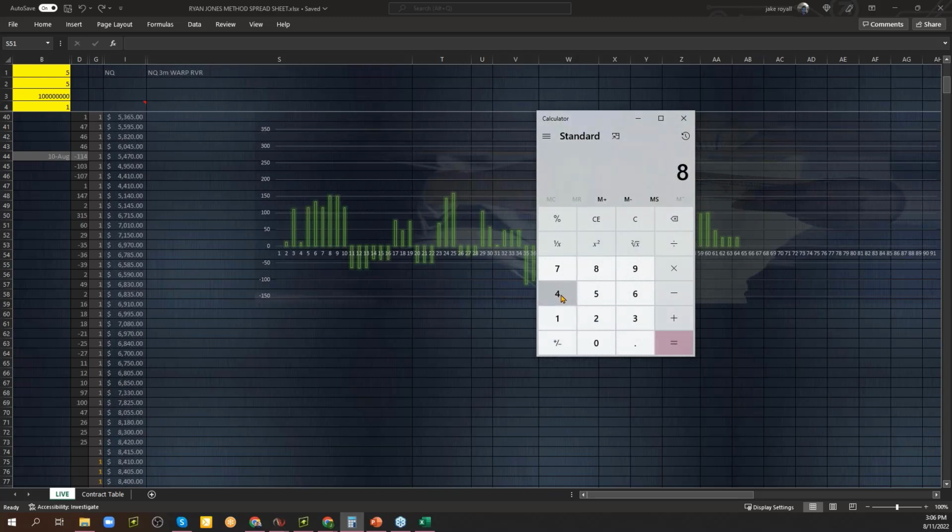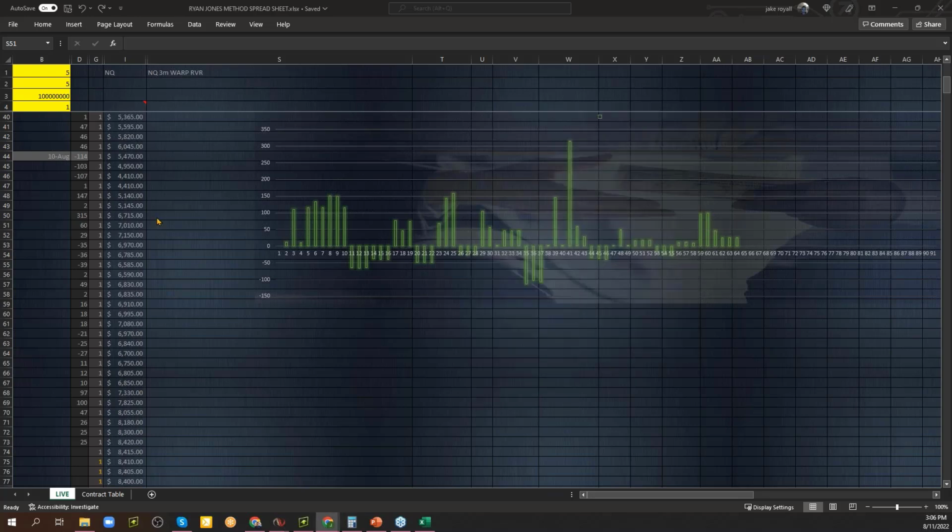Let's make sure we did that right. 84.20 minus 60.45. Yeah, 23.75. So yeah, $6,000 day, just like last week. I think last week was like $6,000 on the one day, and then $2 or $3 grand on the other day, and the week before was about the same. It's freaking awesome.